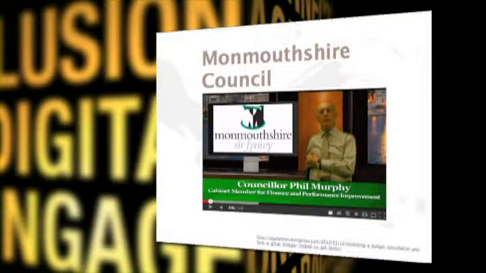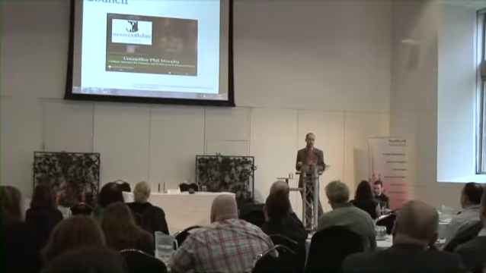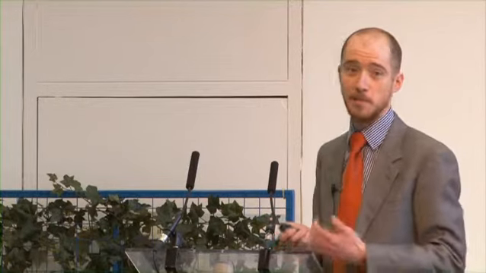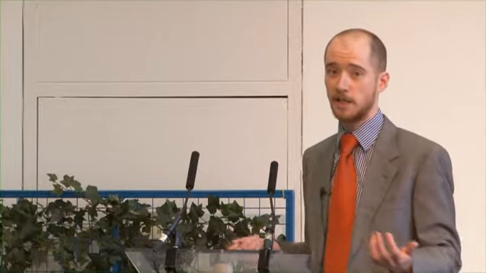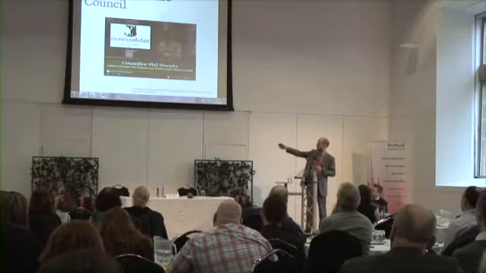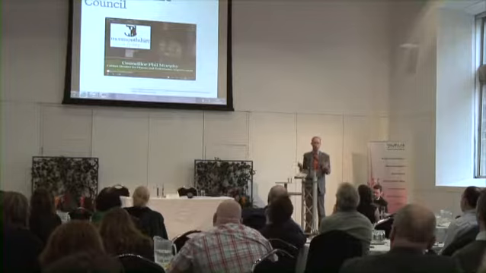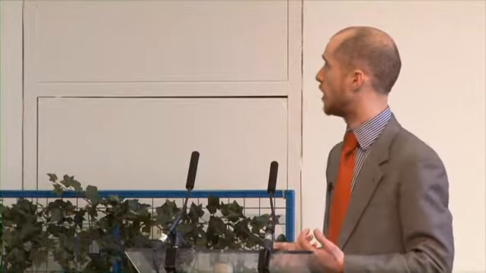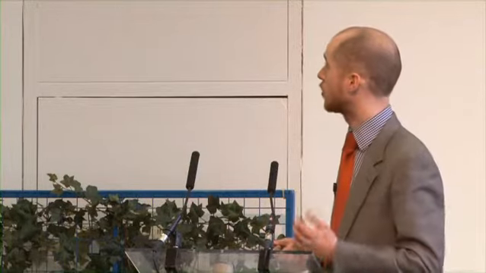They use their YouTube channel to talk about the budget that they're about to release for the council. The councillor goes on and talks about the budget, and people can ask questions off the back of it. They can leave comments on the YouTube channel. They've gathered up a thing called Digital Monmouthshire, with loads and loads of case studies. They're very open about what works in the council, some of the experiments they've done, and what didn't work so well. Worth checking out.